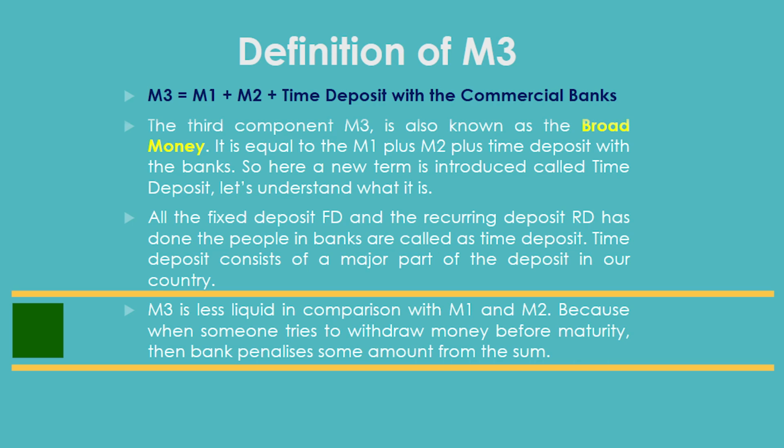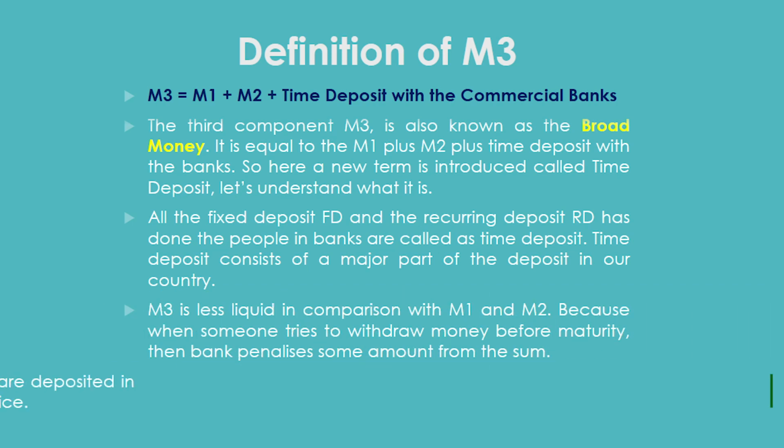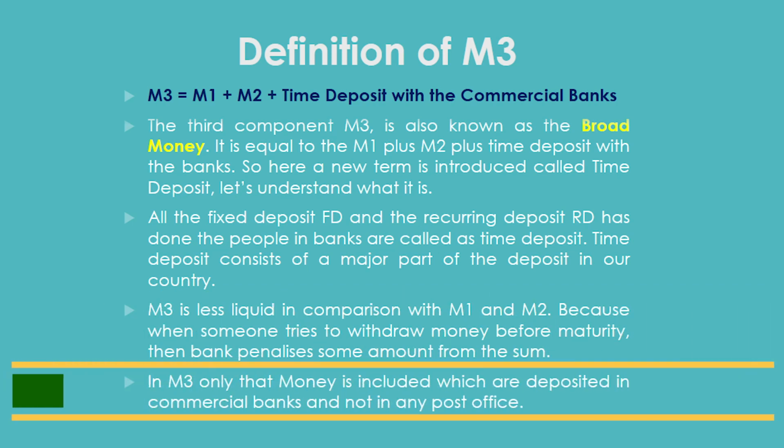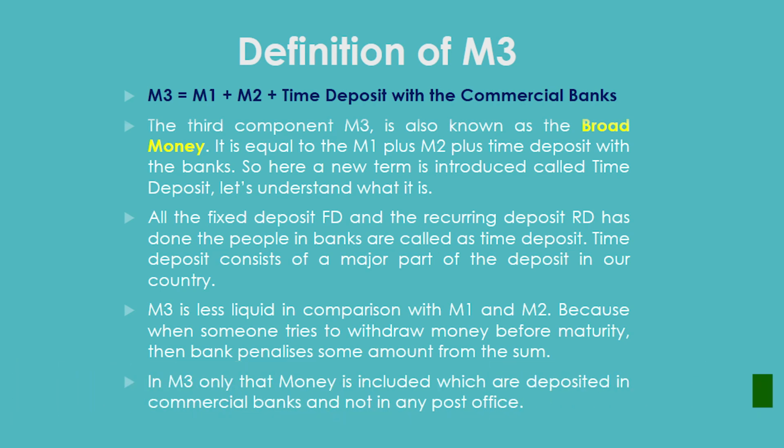So obviously it is less liquid as compared to M1 and M2. In M3, only that money is included which is deposited in commercial banks and not in post offices. Please keep this in mind. In M3, only the time deposit of commercial banks are taken into consideration.